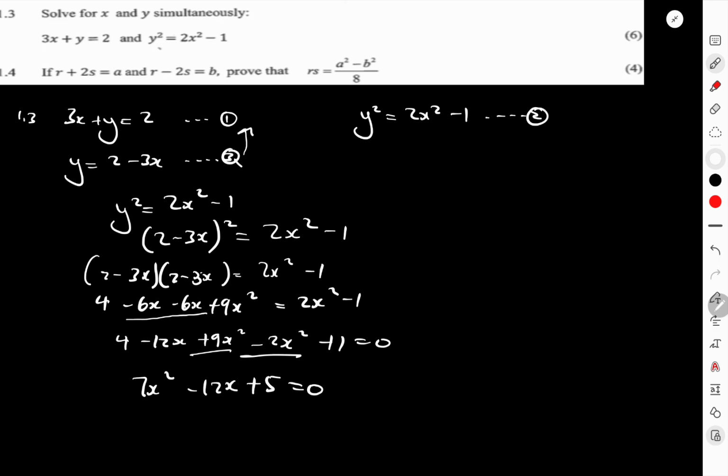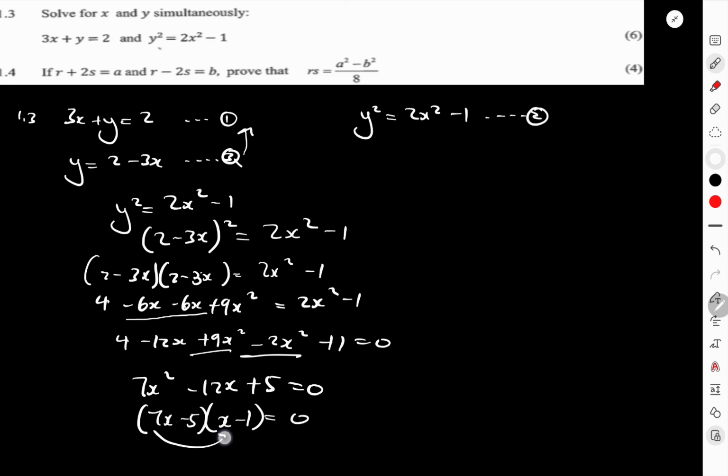Now, after having such, I want to solve for x, right? For me to solve for x, either I use the quadratic formula at this stage, or I'm going to factorize. So to factorize, I'm going to have (7x minus 5)(x minus 1) equals 0.